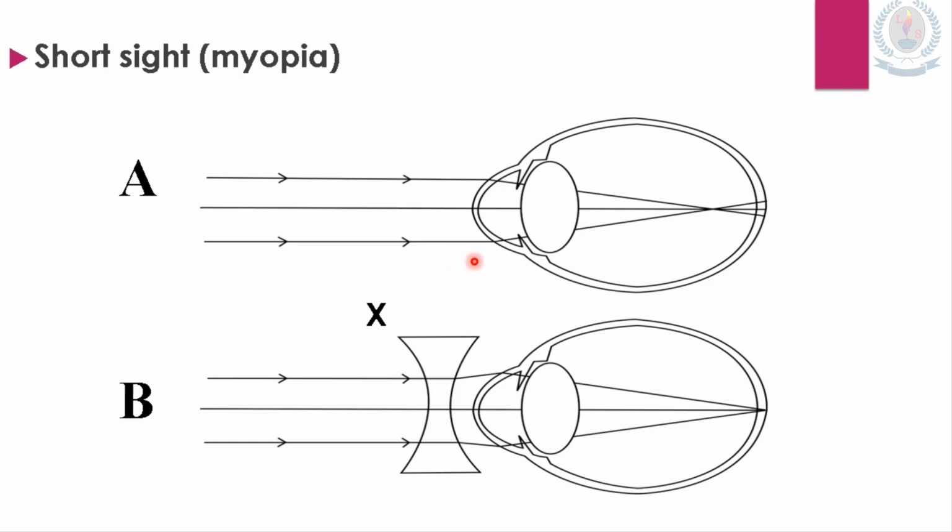You can see that light rays from a far object converge in front of the retina. Here is a point in front of the retina. Retina is located here. Therefore, the image becomes unclear.